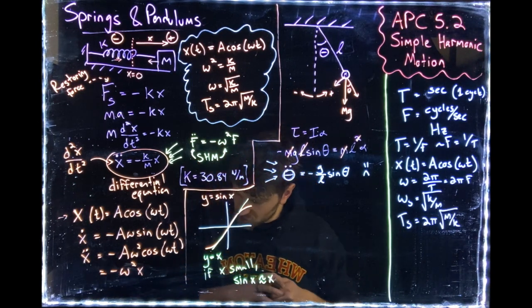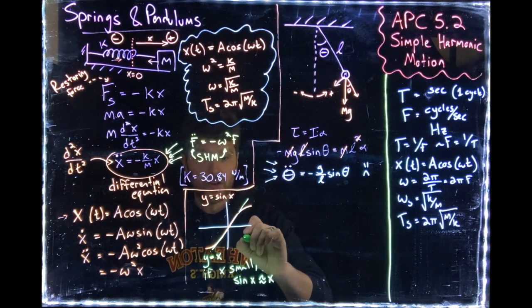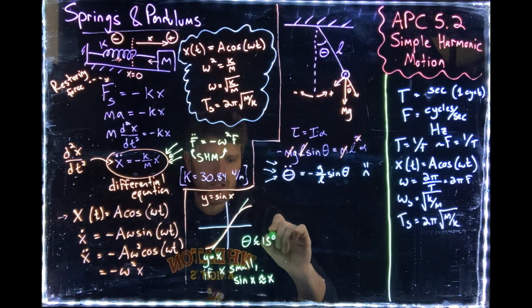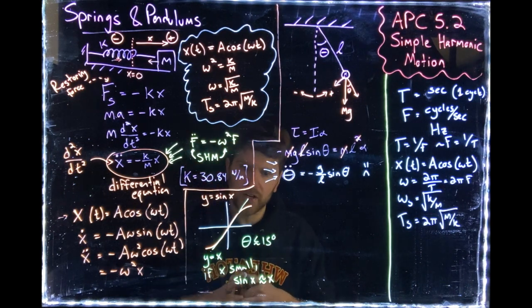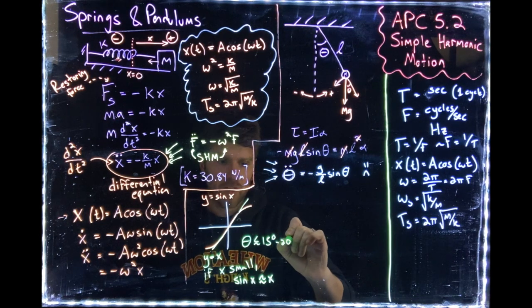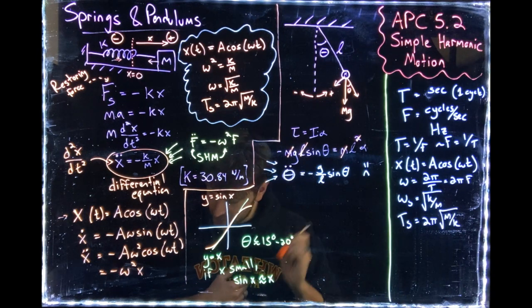Now, again, this might strike you as ridiculous. How small is small? Well, it turns out that as long as your angle is less than about 15 to 20 degrees, this is a pretty darn good approximation. Your error is very small. So how good is good? As long as your angle is not too big, it's quite good, and it provides a useful result.